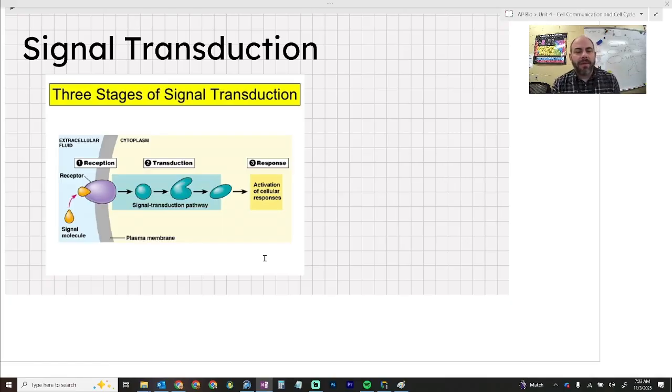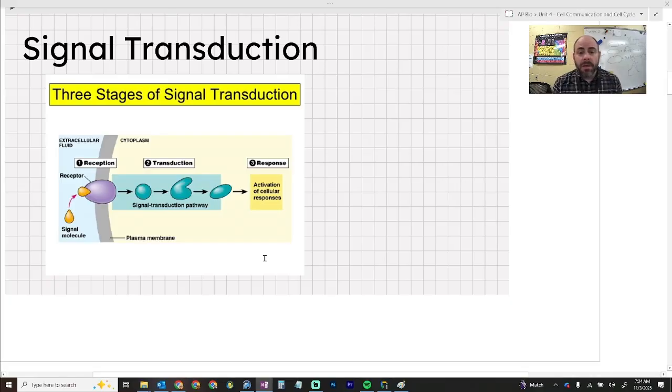Sometimes relay pathways are going to be really simple. Sometimes relay pathways can be quite elaborate. And then response is going to be some kind of cellular response. A lot of times the cellular response is going to be make a protein, but it doesn't necessarily have to be.